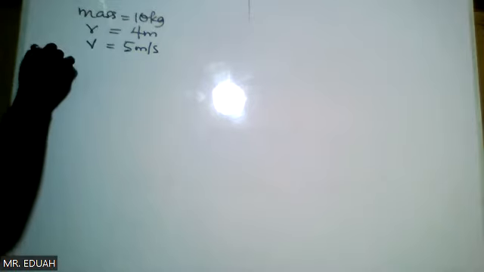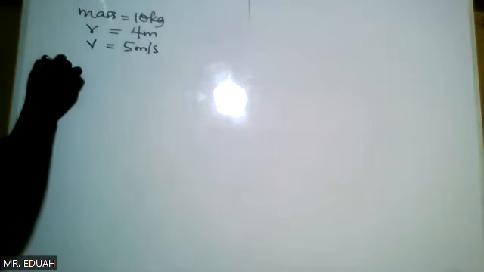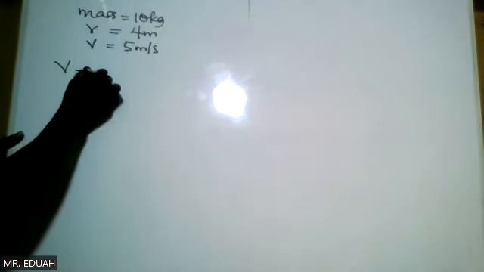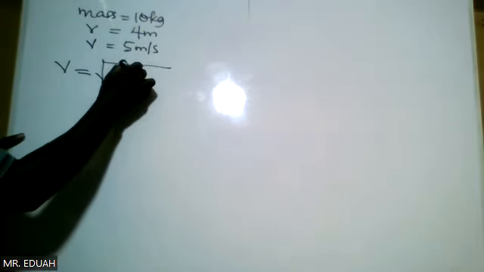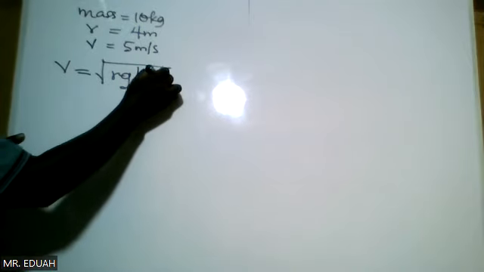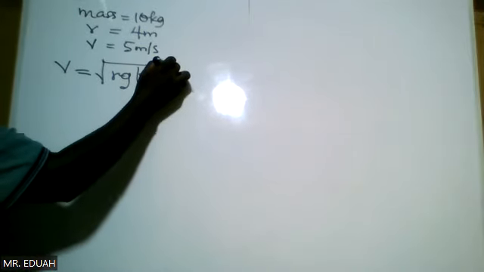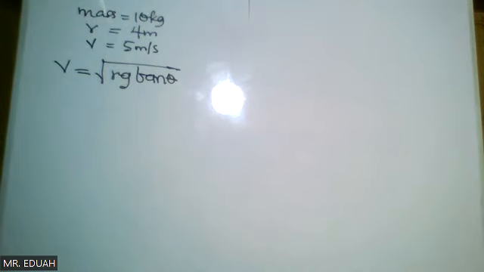If I use the velocity formula, V is equal to the square root of RG times tangent of the angle of tilt, this will help me find theta.